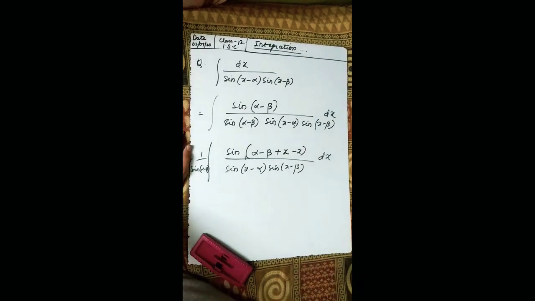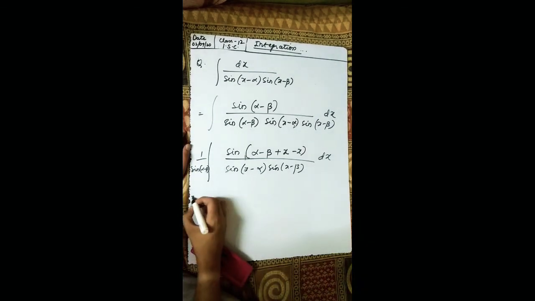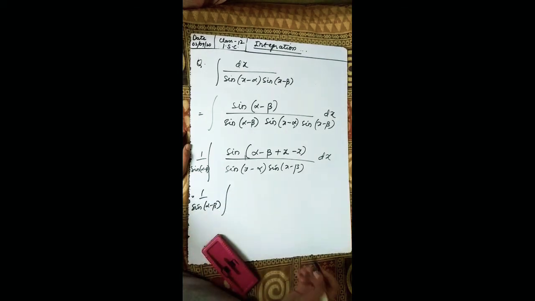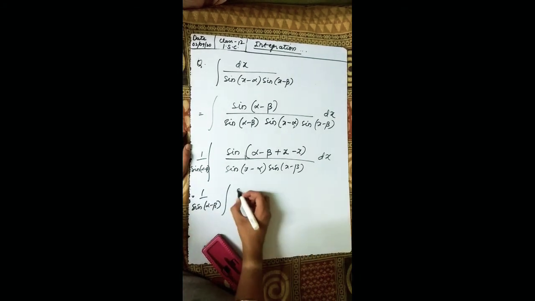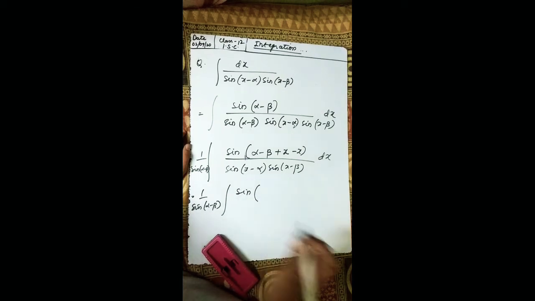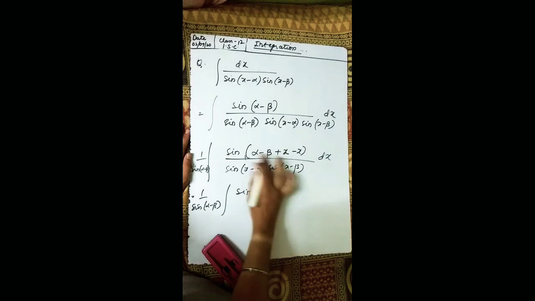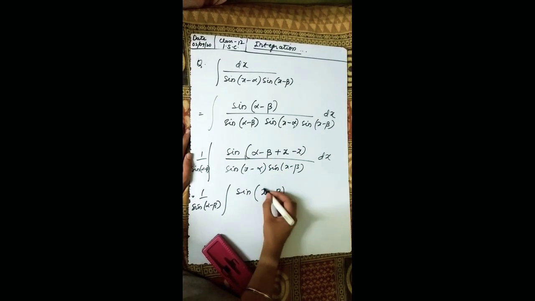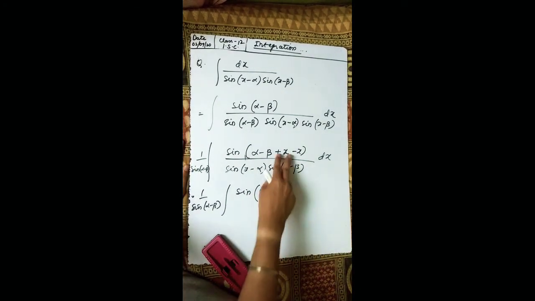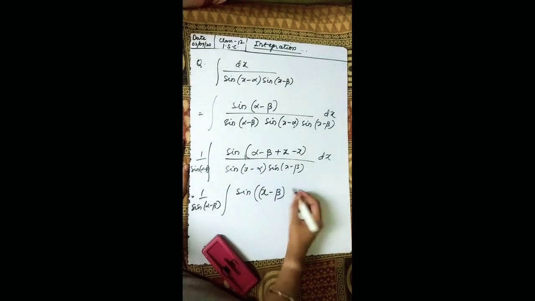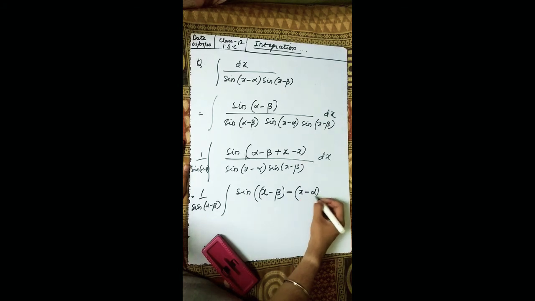Now you need to arrange it. How will we arrange this? First of all, this x and minus beta I'm writing in one bracket. Can I write x and minus beta? And from minus x plus alpha I'm taking minus common, so it will be x minus alpha.